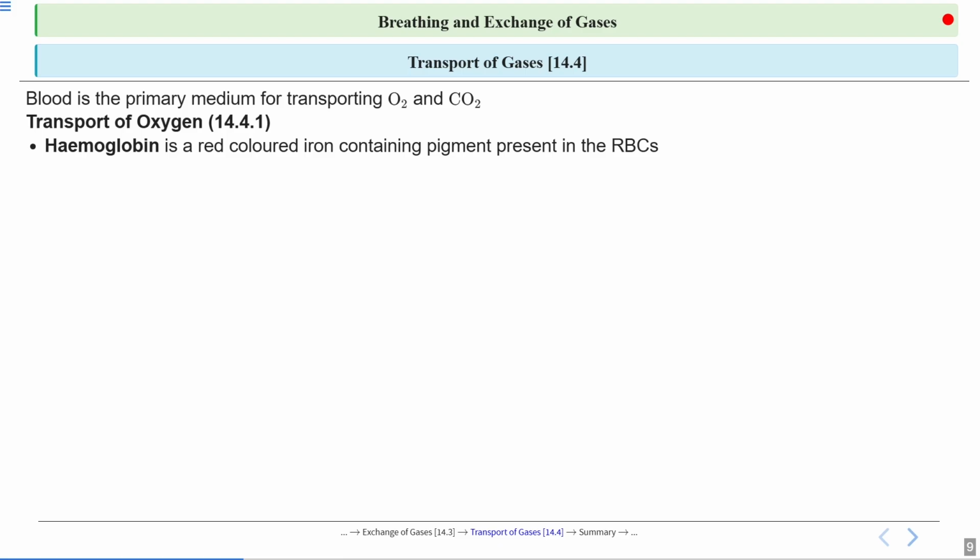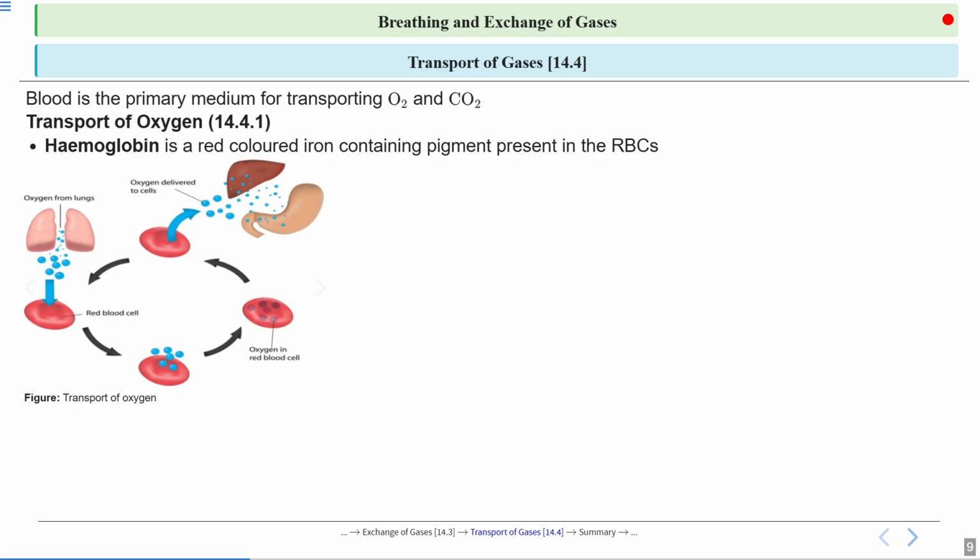Hemoglobin is a red color, iron containing pigment present in the RBC. It is a pigment made up of a protein and iron, a red color pigment containing iron and present in the RBC, right? Here you can see this is the RBC, red blood corpuscles or red blood cells.